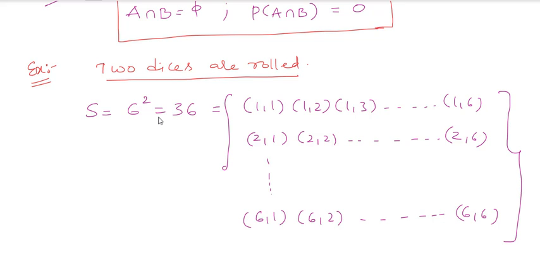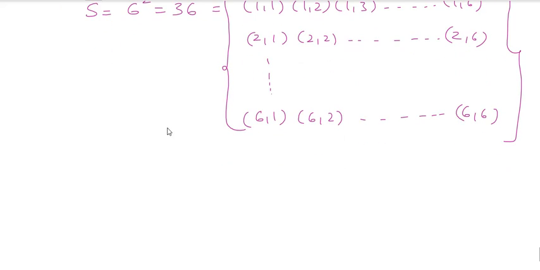If I roll 2 dice, am I right or not? Here this is the criteria: let me take the probability of sum 7 and the probability of sum 11. What are the possible cases for sum 7?